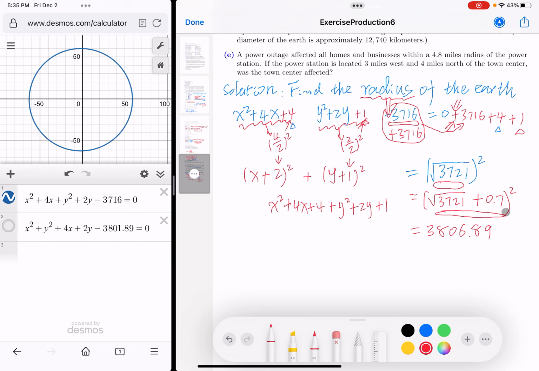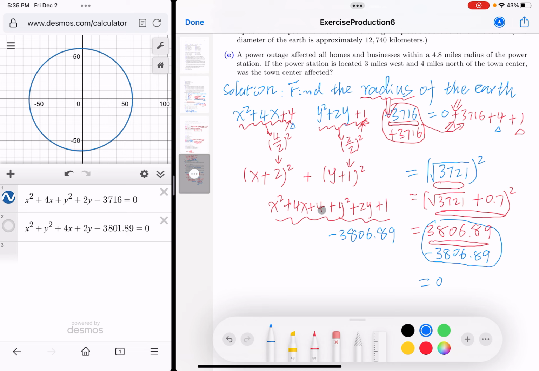And then we know we need to change this one to the general form. The left-hand side, again, is this much. So what we do is subtract 3806.89 from both sides. Then this will disappear, so the right-hand side will be 0.